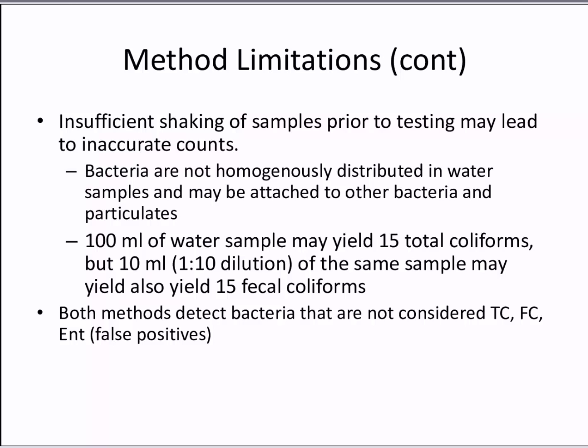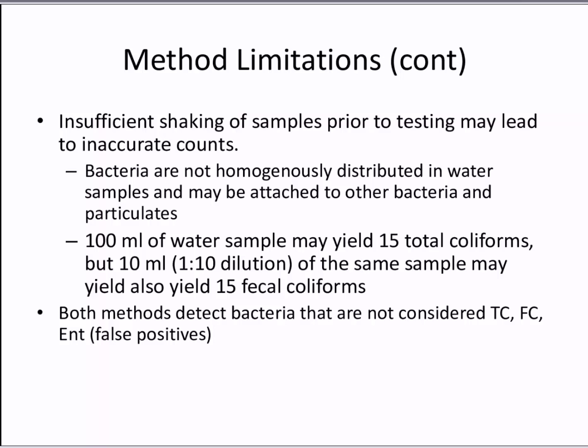Now, this is something interesting that many of you may not know. You can actually get the same count using different volumes of water. So for instance, if you take 100 mLs of a water sample, that may yield 15 total coliforms. But then if you take an aliquot of that, a 1 to 10 dilution of the same sample, that may also yield 15 total coliforms.